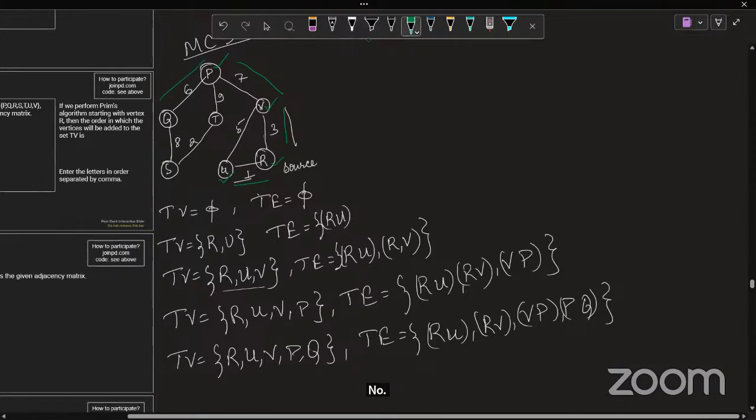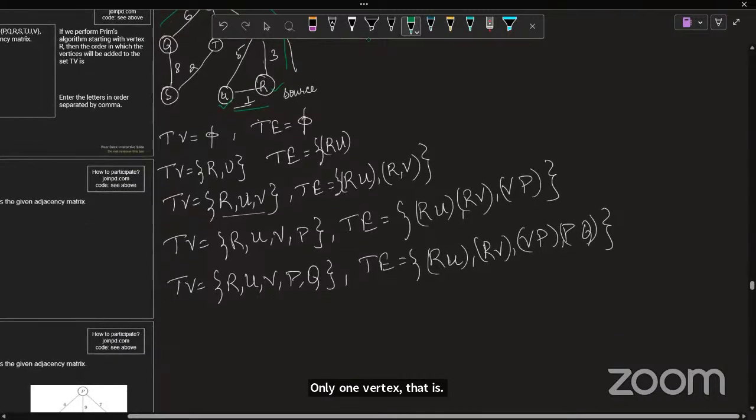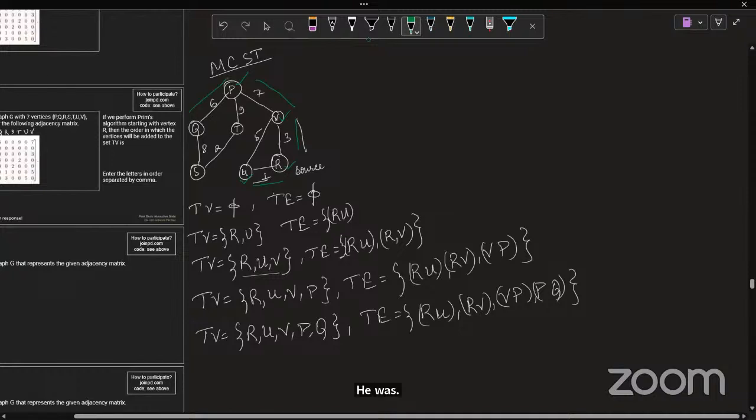In Q there is only one edge, that is QS. So TV is equal to R, U, P, Q, S.